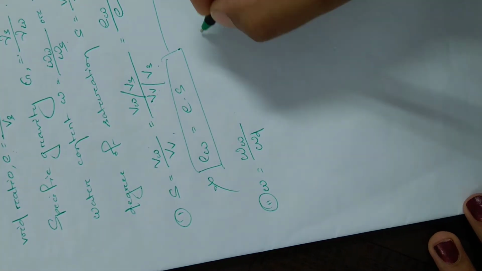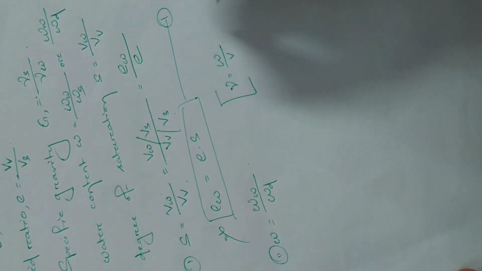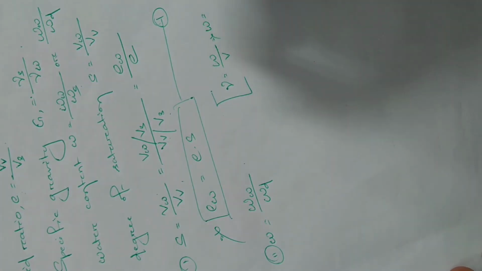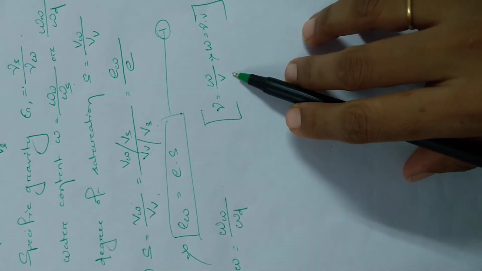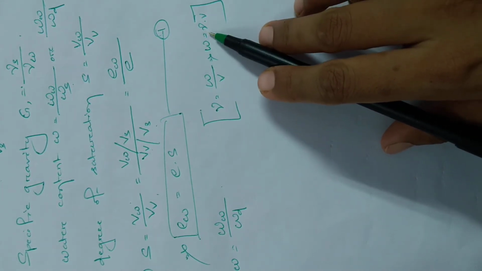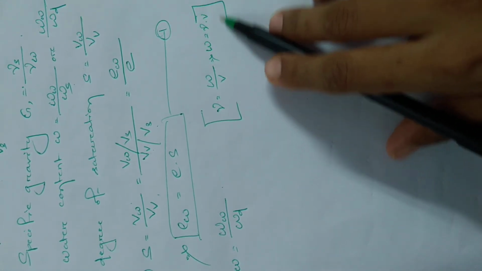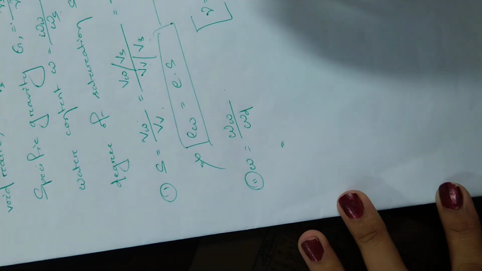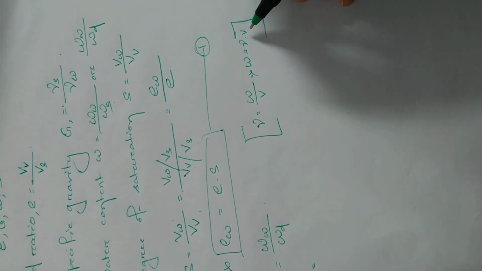We know unit weight gamma is equal to W by V, so from this formula weight W is equal to gamma into V. So I will change this formula like this, because we know weight is equal to unit weight into volume.